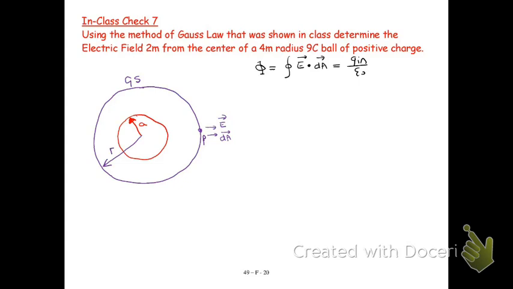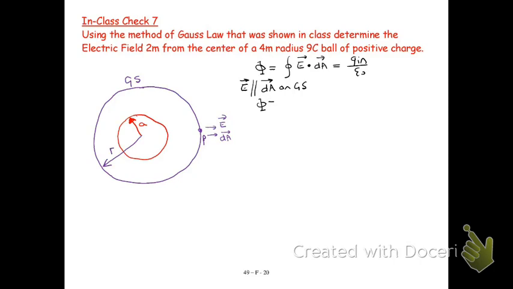And what's the next thing I say? I look at my point of interest, and I say E is parallel to dA. I should say vector E is parallel to vector dA on the Gaussian surface.